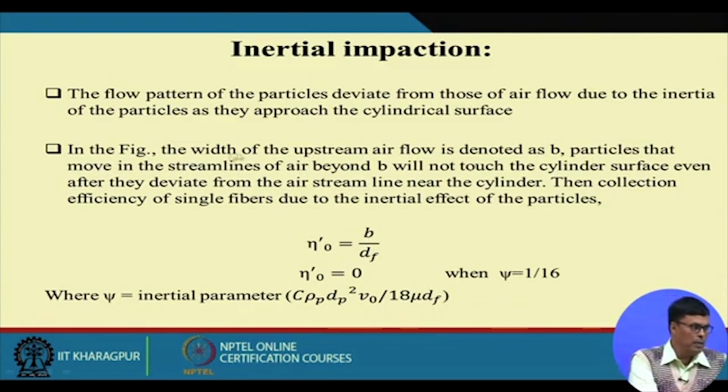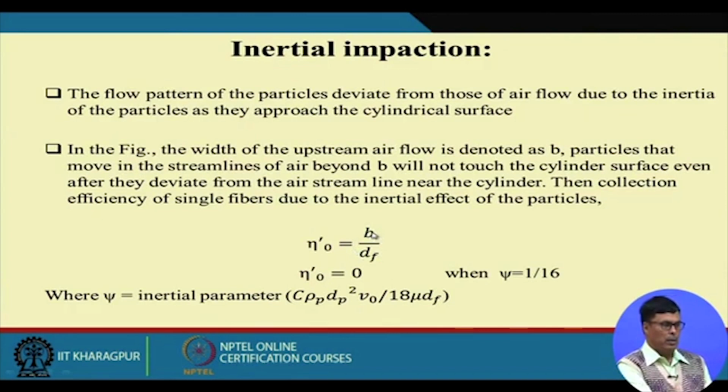Now in the figure, the width of the upstream is denoted as B, and particles that move in the streamlines of air beyond B will not touch the cylinder surface, even after they deviate from the air streamline near the cylinder. Then the collection efficiency of a single fiber due to inertial impaction is usually expressed by B by dF.